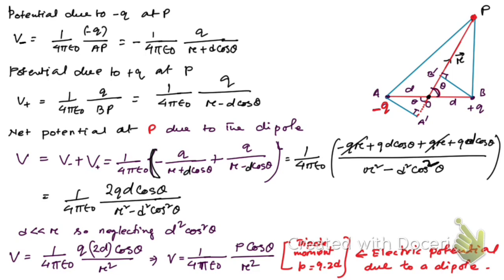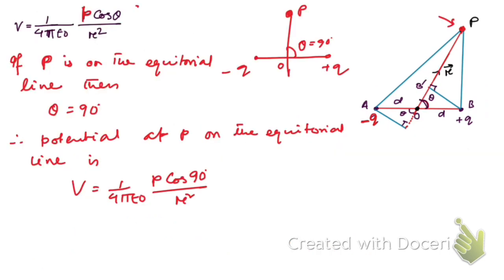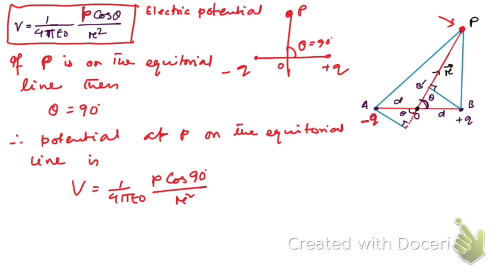So just let me cut this one, and here you see this expression is the expression of electric potential due to a dipole, right? So from here, this is the answer to the next part of the question.